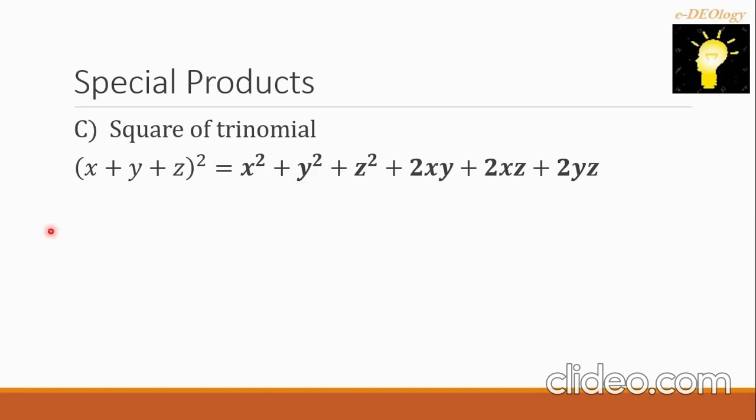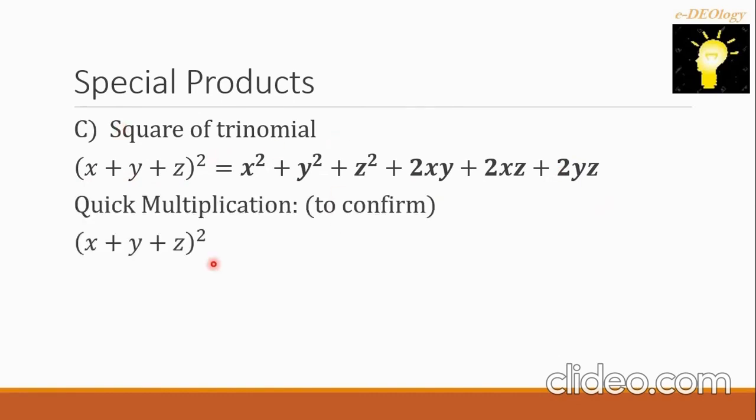So you see here, the xy is multiplied together and then times 2. The x and z are multiplied together and then times 2. The y and the z are multiplied together and then times 2. And that's it. This is now our special product for the square of trinomial.